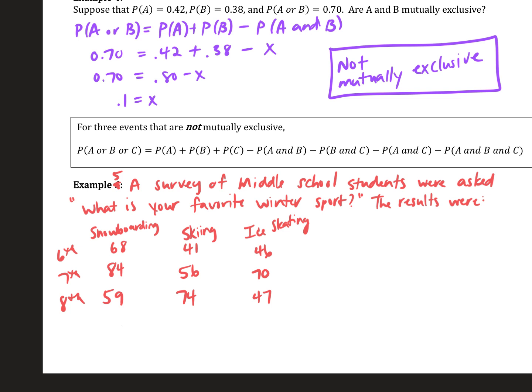Okay, we are going to find the probability they're in 6th grade or 7th grade or they like skiing. So this is kind of a three-way, and that's what the formula above this is for.